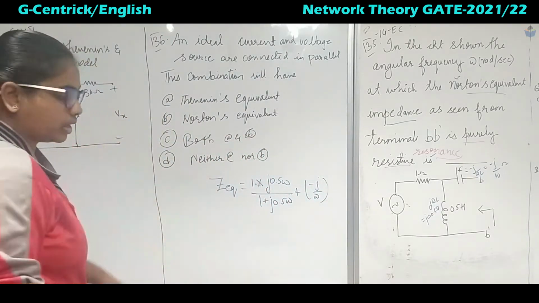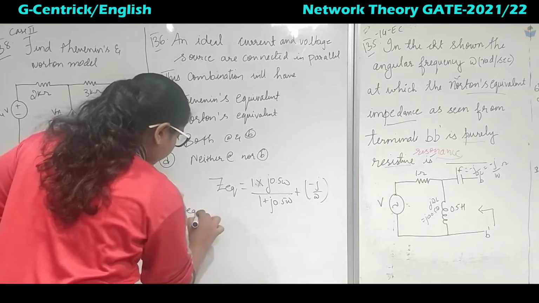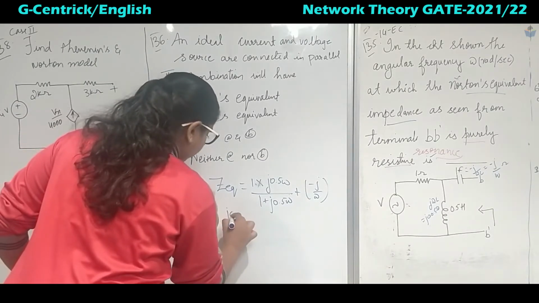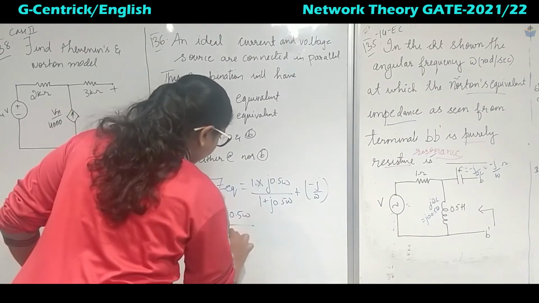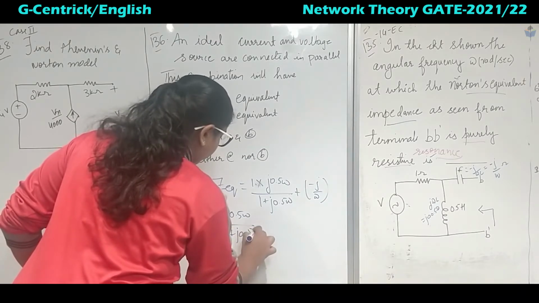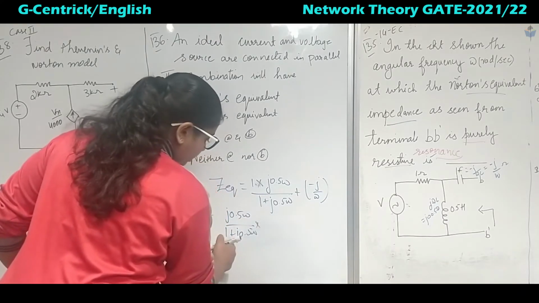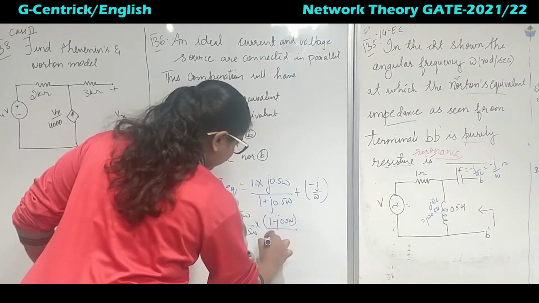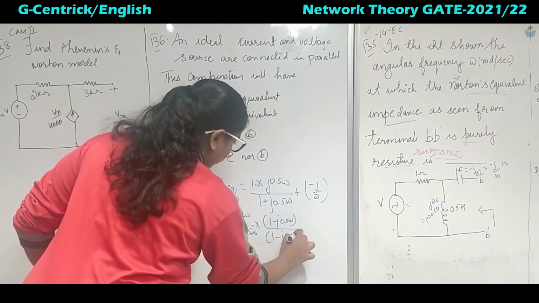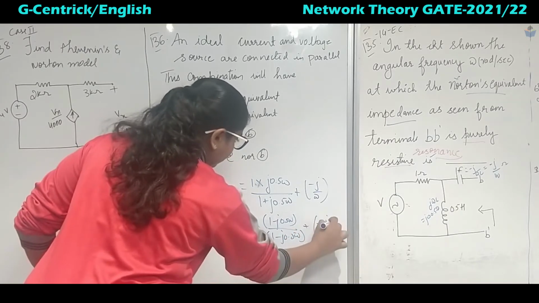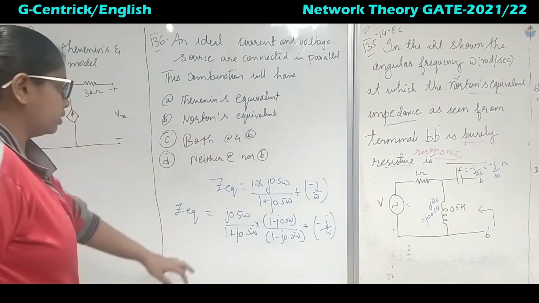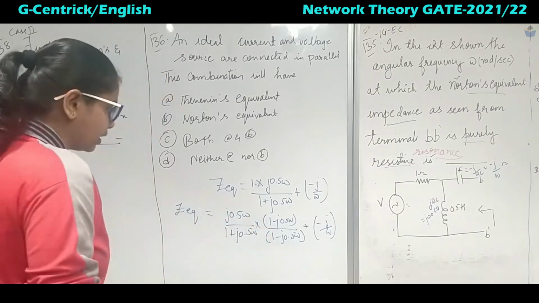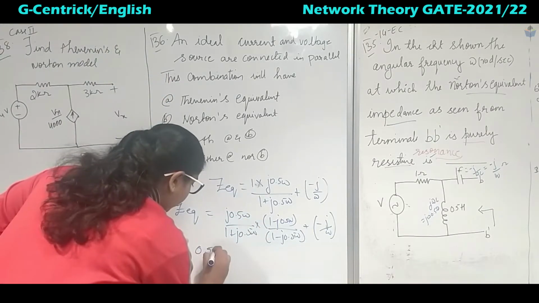So I will rationalize this denominator. It comes out to be 1 plus j 0.5 omega. What is meant by rationalization? The plus sign will be taken to minus sign and you will divide the same. Then this will be as it is. Now this into this will be the imaginary term, so write it as 0.5 omega.